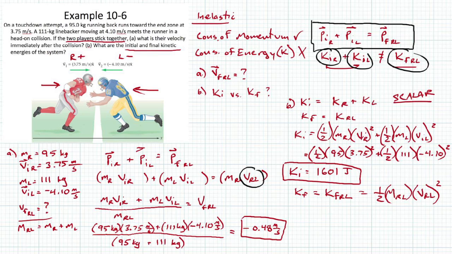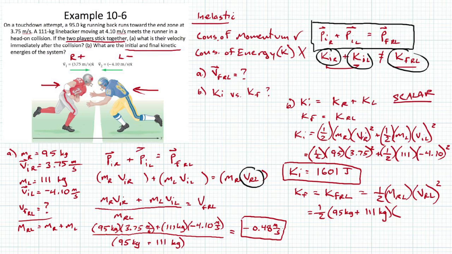So let's plug that in. Equals 1/2 times their mass, that's 95 kilograms. Oops. Back up. I need to add that to 111 kilograms, right? Because it's the combined mass. Times their velocity.